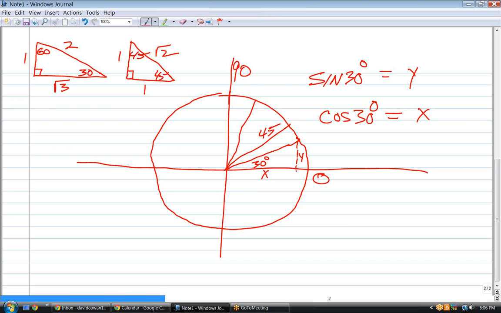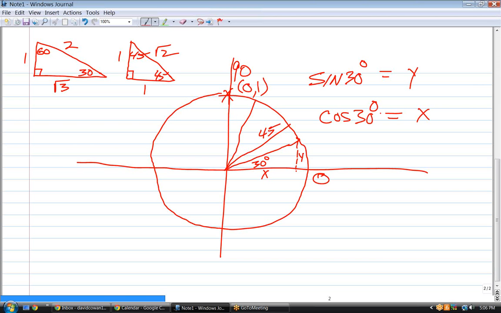Now, notice that the cosine of the angle is always x. So this point right here is what? What are the coordinates on that point? That would be 0, 1.